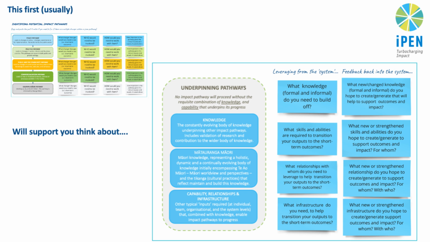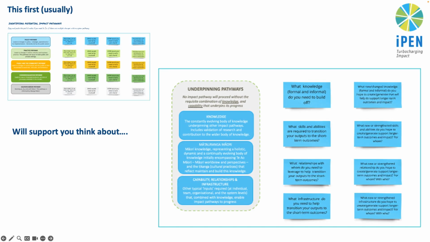And then you can ask the next follow-up questions about what skills and abilities are required to transition your outputs to the short-term outcomes, and then asking the flip side question, what new or strengthened skills and abilities do you hope to create or generate support for those longer-term outcomes and impacts, and for whom? Similar questions for both relationships and for infrastructure.